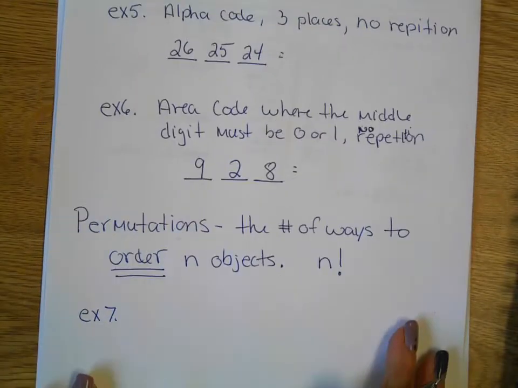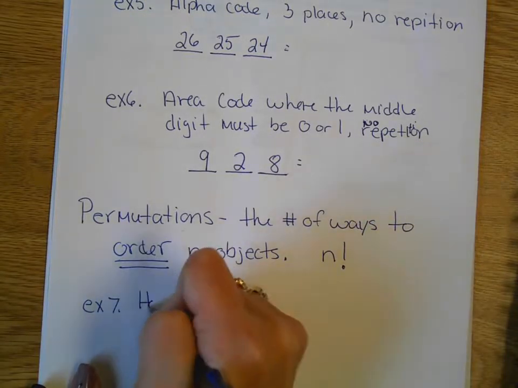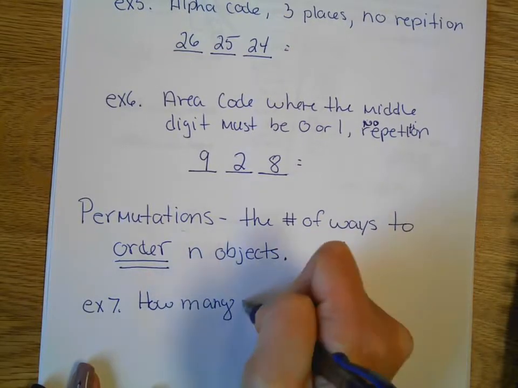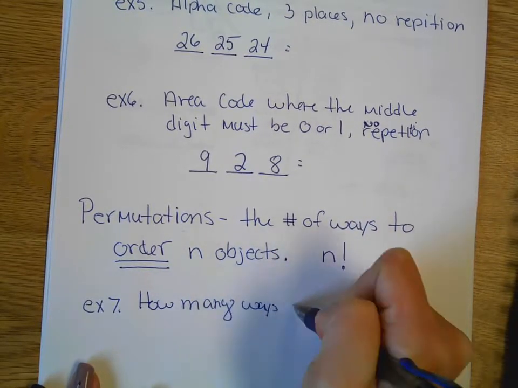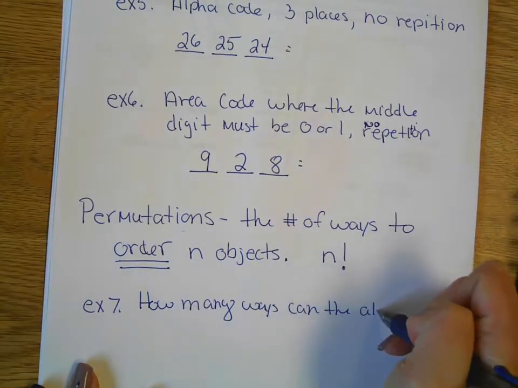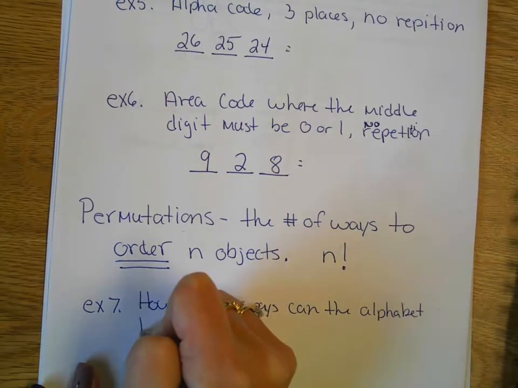Okay. Number 7. So, how many arrangements of the alphabet are there? I think the calculator is going to go into overflow on this one. But we'll go with Dean's question: how many ways can the alphabet be arranged?